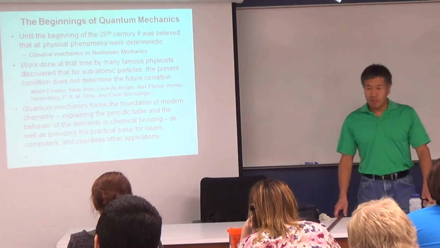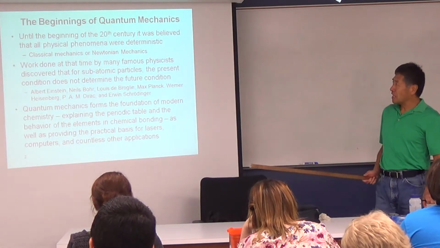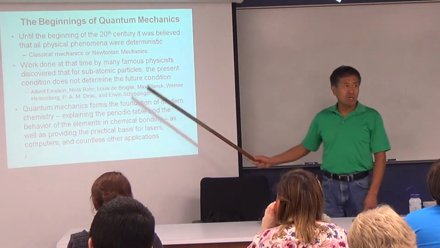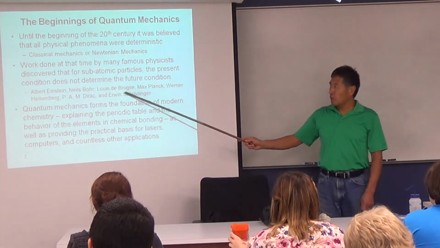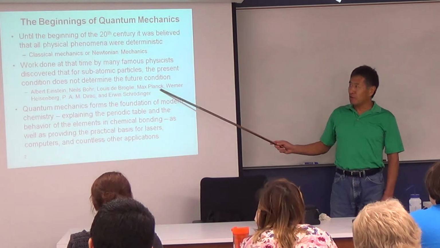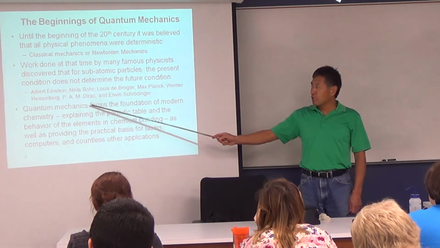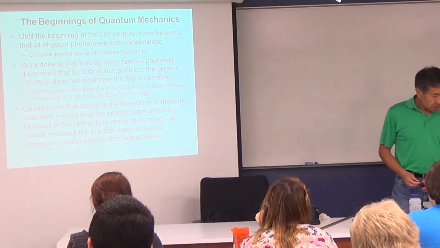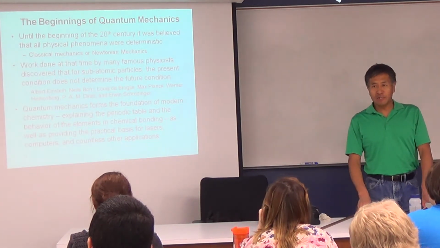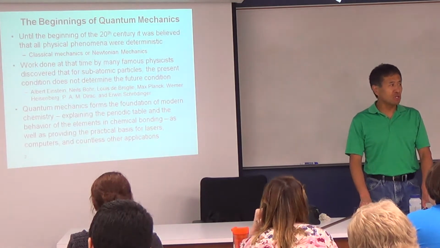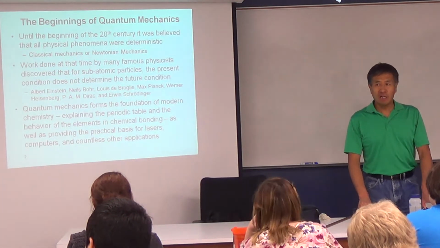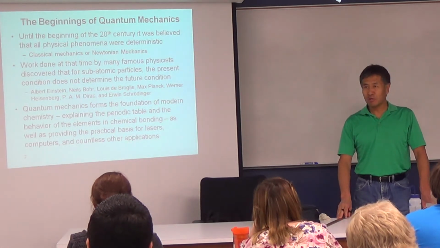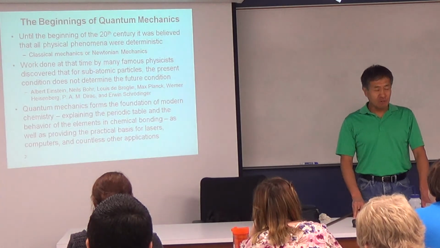So that work was performed by many famous physicists, for example, Einstein and Bohr, de Broglie, Planck, Heisenberg, Dirac, and Schrödinger. So they came up with some new concepts and new ideas. And then they put all those concepts together into a model.